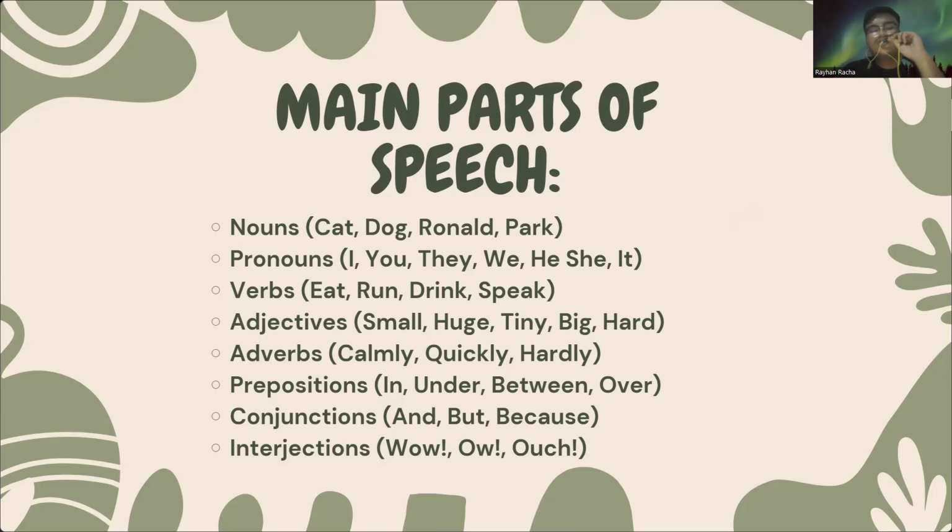The next one is conjunctions: and, but, because. Basically, a conjunction is a word used to connect a sentence to another sentence, or a word to another word. For example, "he likes to drink tea and coffee." The word and counts as a conjunction.